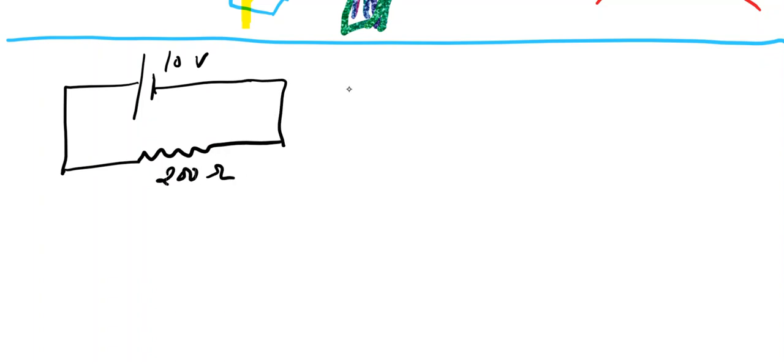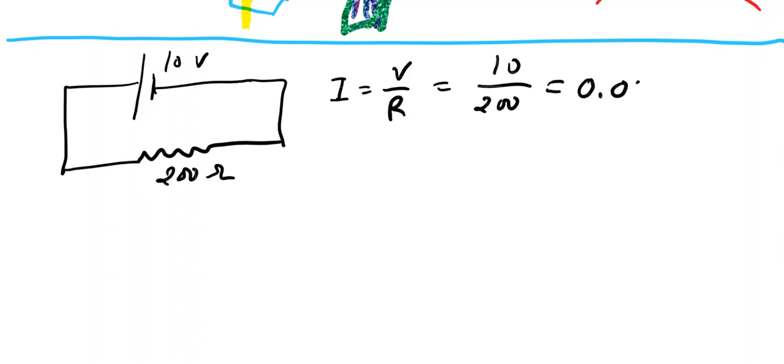How much is the current passing through it? We know that V is equal to IR and I is equal to V by R. And then I have 10 by 200. What is 10 by 200? 0.05 ampere. So in this circuit, the theoretical value of current is 0.05 ampere.